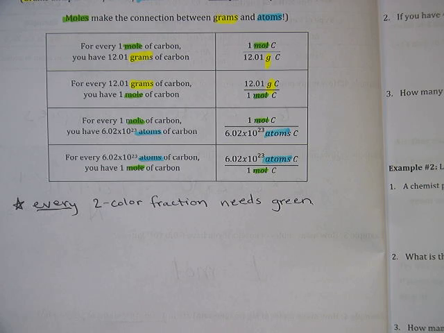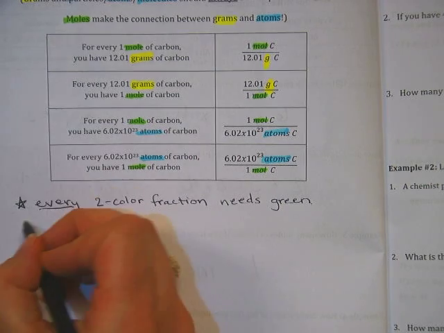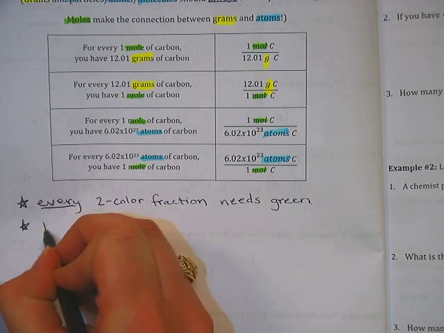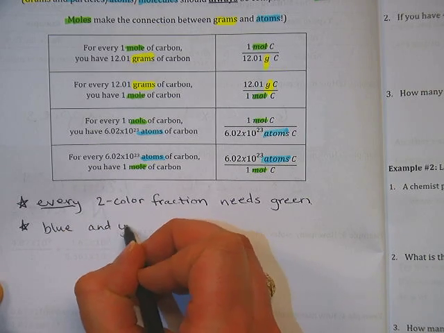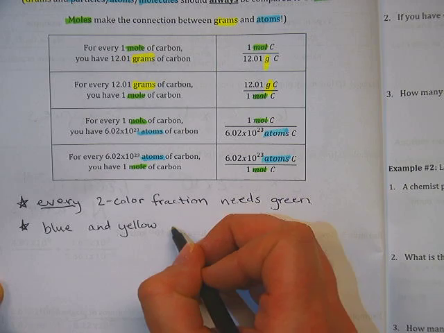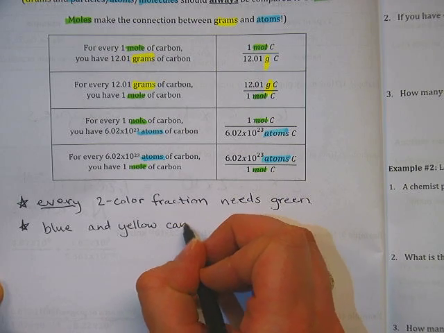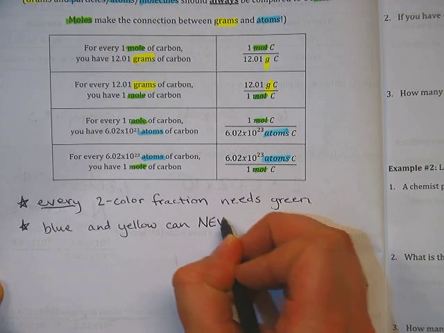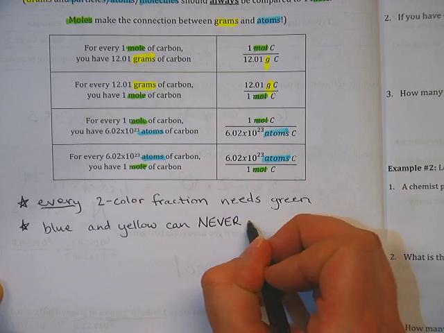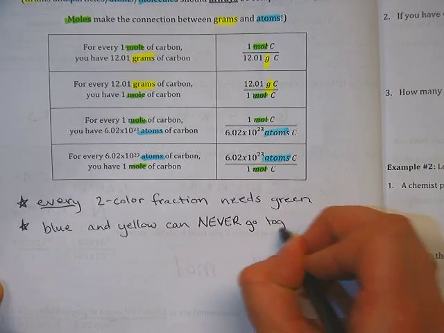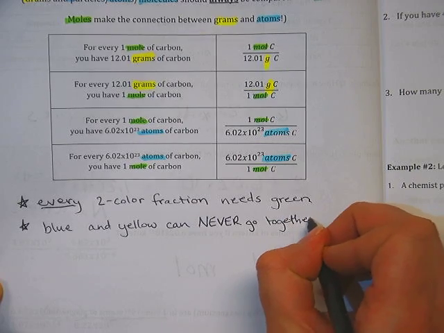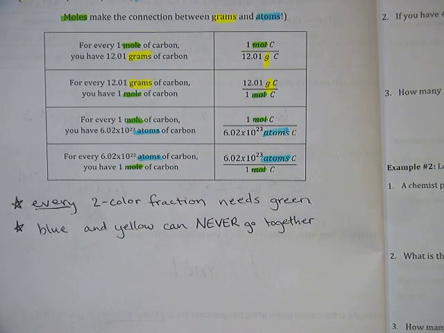That's part of what Abby pointed out. And blue and yellow can never go together. I guarantee if you make a fraction that has blue and yellow in the same fraction, it's wrong. Blue and yellow can never go together.